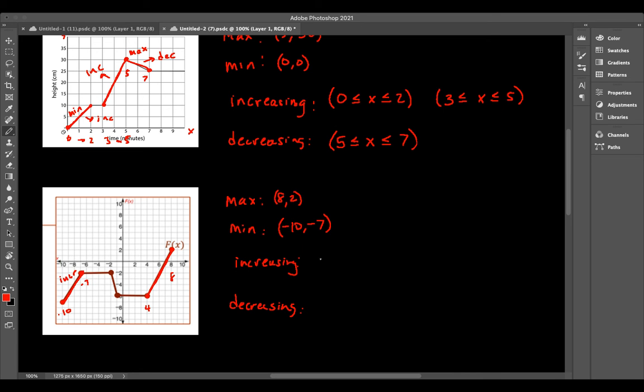So again, it would be -10 less than or equal to x, and the other one would be less than or equal to -7. So that's one increasing interval. Next is 4 less than or equal to x, and it has to be less than or equal to 8. And that's it. There you go, there are the two increasing intervals.